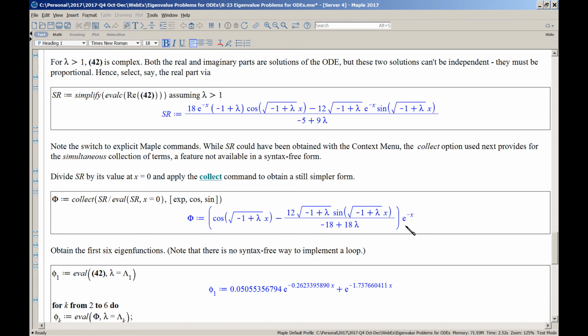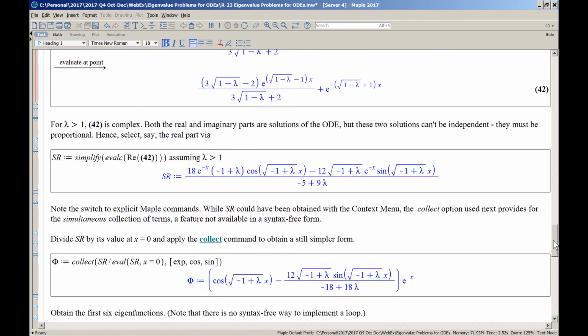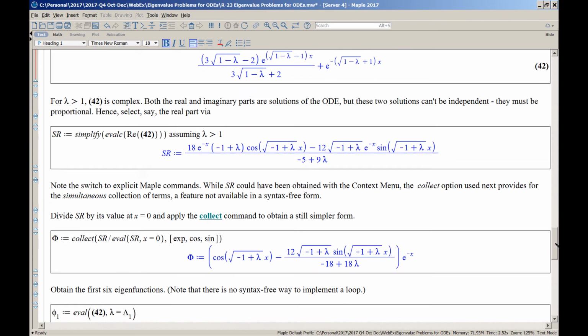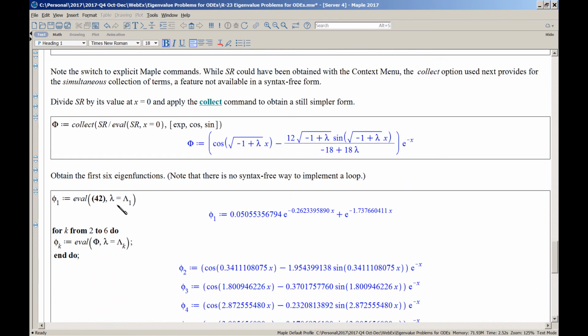the first eigenvalue, lambda, is less than 1. So let's take this expression and evaluate it for that first eigenvalue that we computed numerically. You get this eigenfunction.